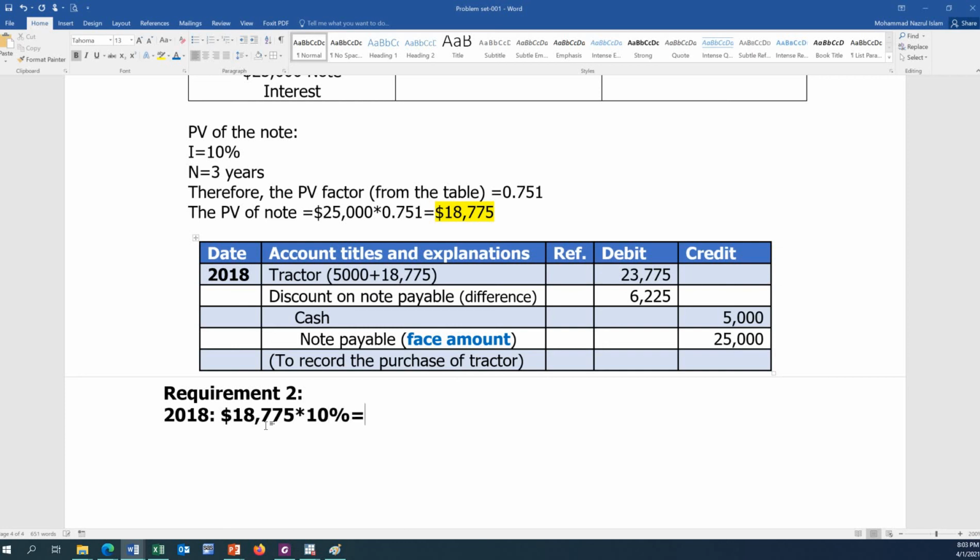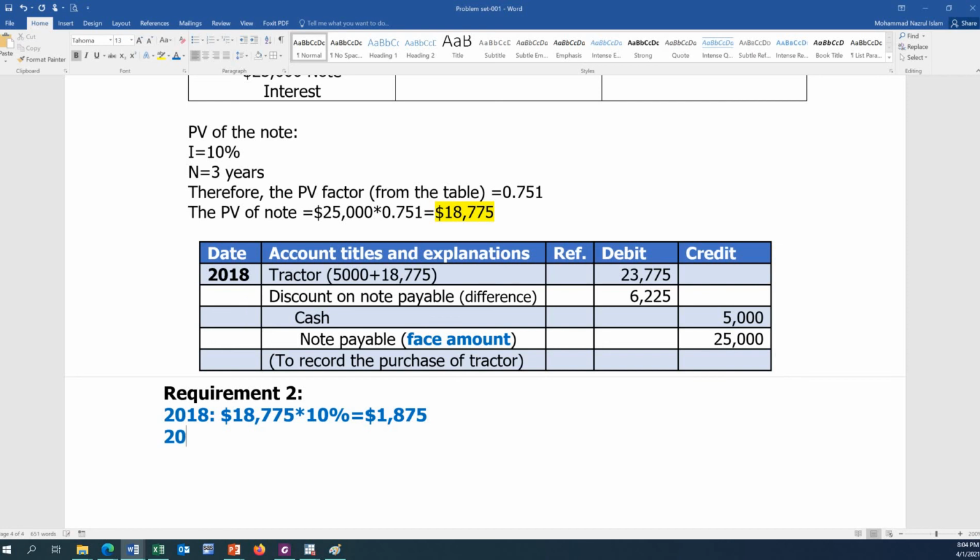So the amount should be equal to how much? Actually it should be 1,877.5. So we can round it to the nearest dollar amount.